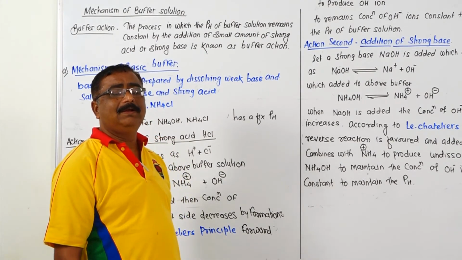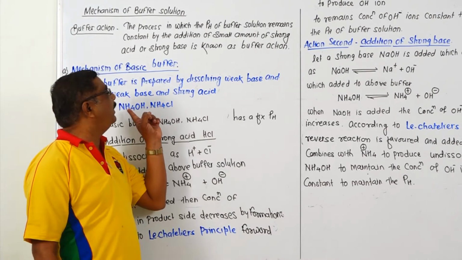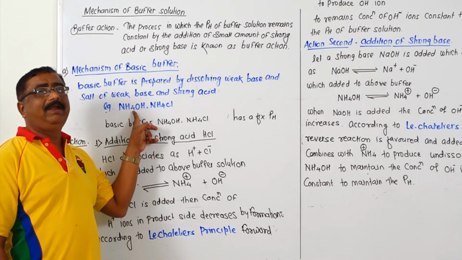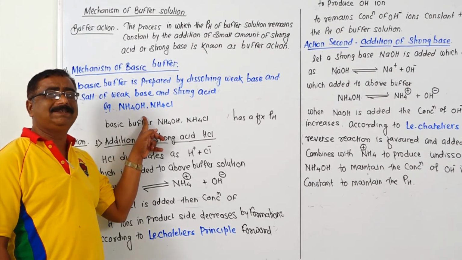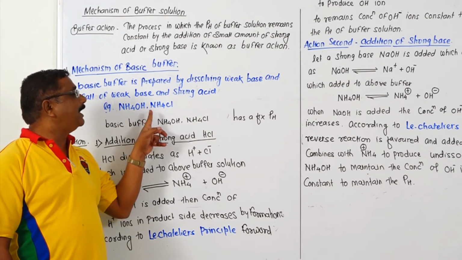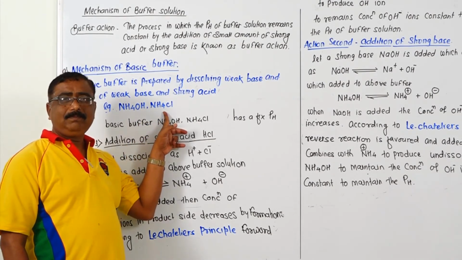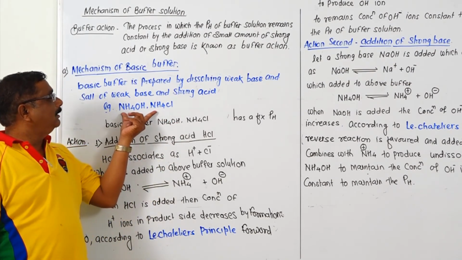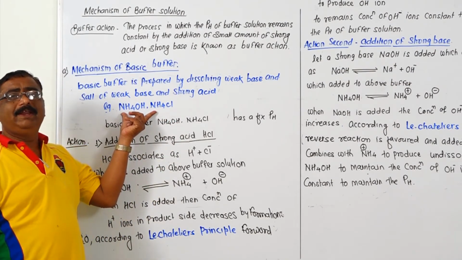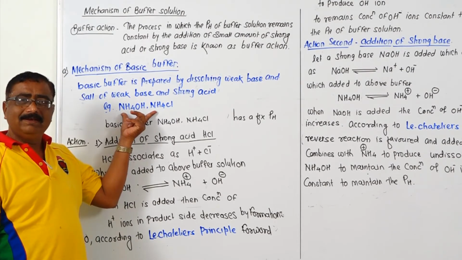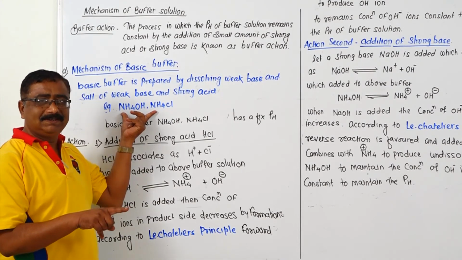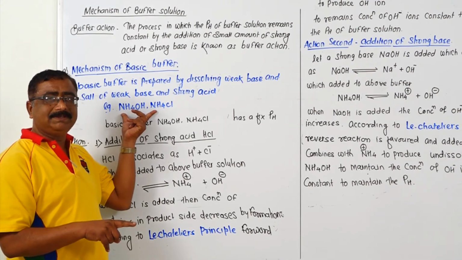Let us consider the weak base NH4OH, and the salt of that weak base with strong acid HCl, so that is NH4Cl. So overall, NH4OH and NH4Cl, this is a basic buffer solution having pH greater than 7, but it is fixed.